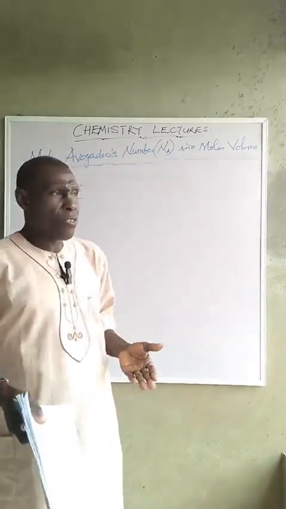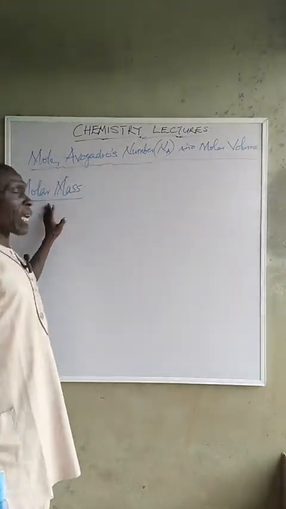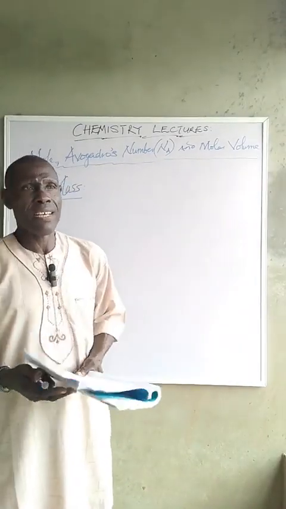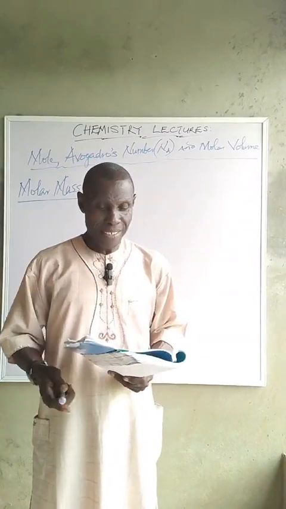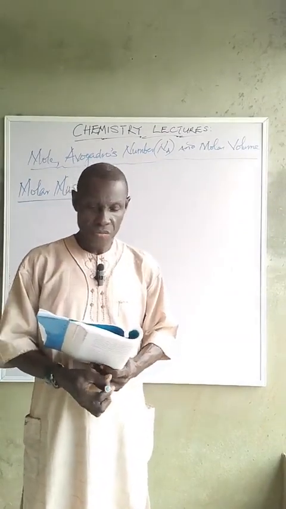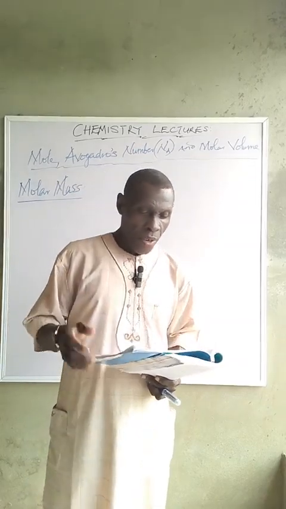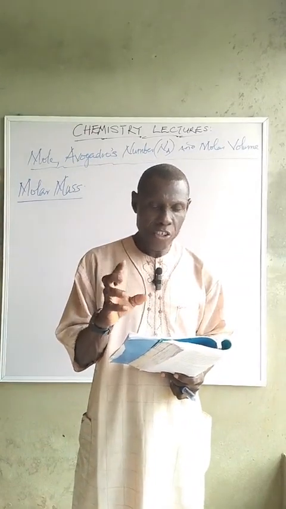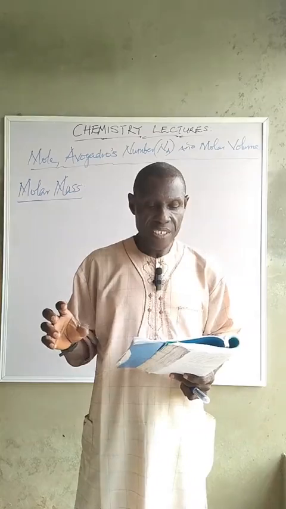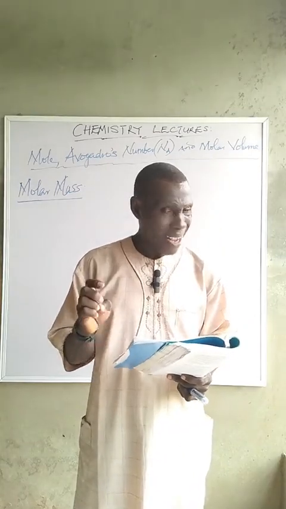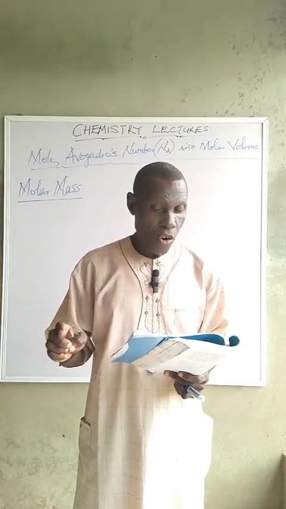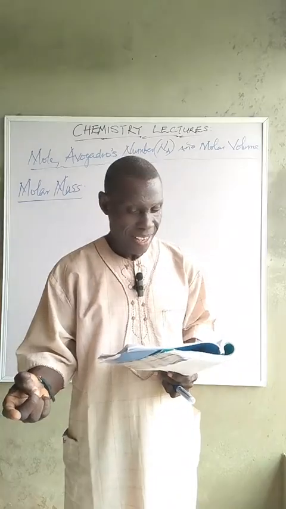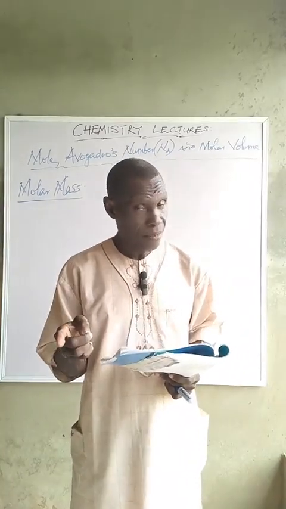So let us discuss now molar mass. Chemistry students out there, you are hearing the word molar mass. So what is it all about? Let's go. The mass of one mole of a substance is the sum of the relative atomic masses of all atoms in its molecular formula expressed in grams.